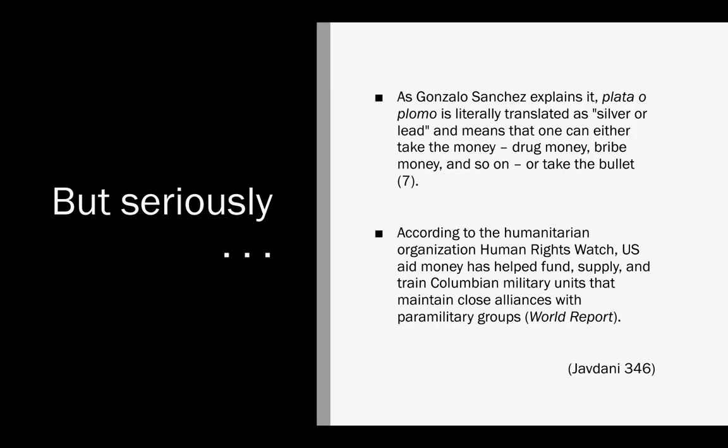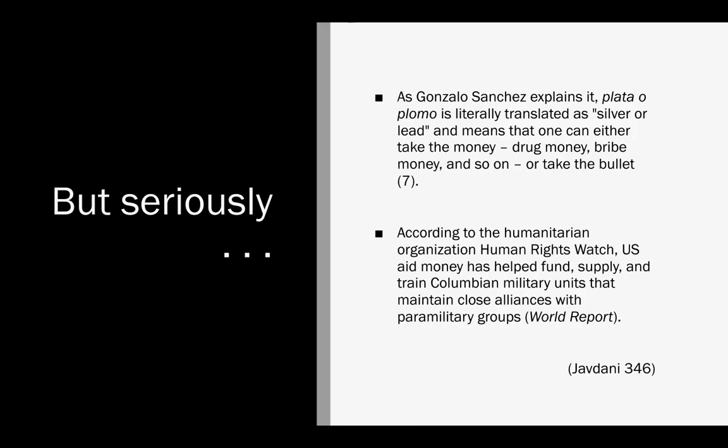So we have a clear signal phrase, and while I would personally like to see who Gonzalo Sanchez is or what his authority is in this situation, it's a grammatically constructed clean signal phrase that introduces a paraphrased point.